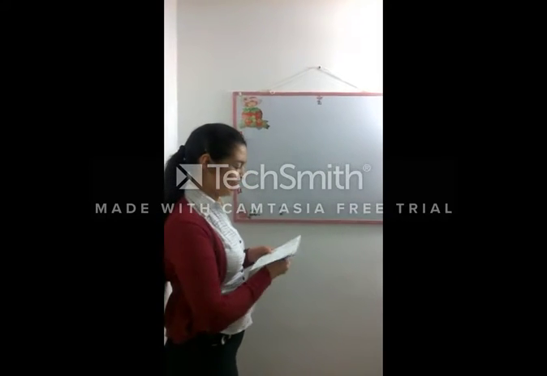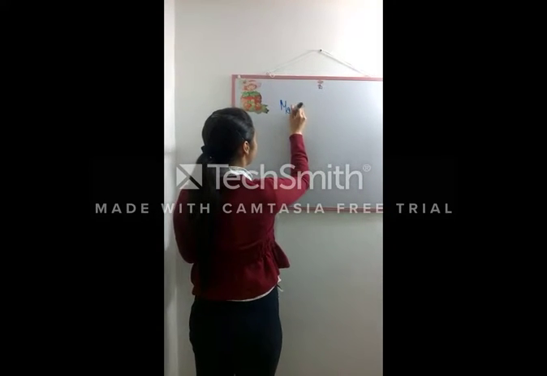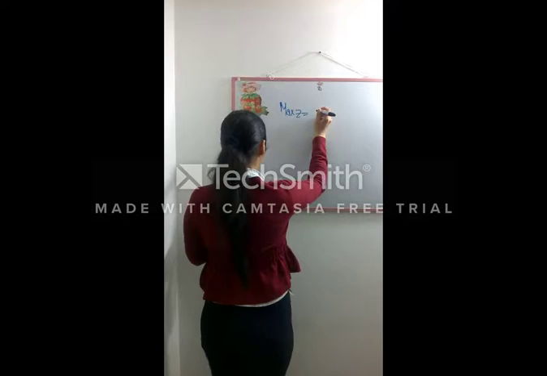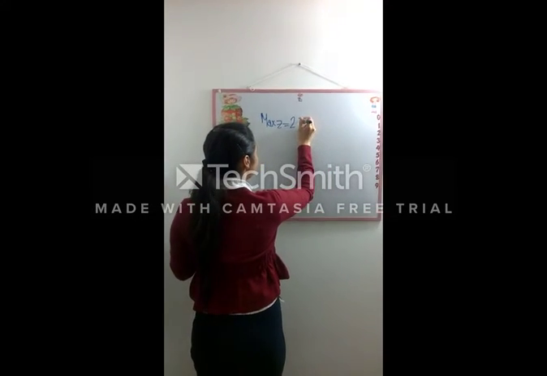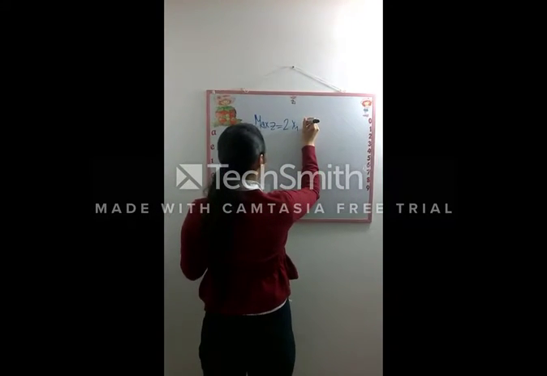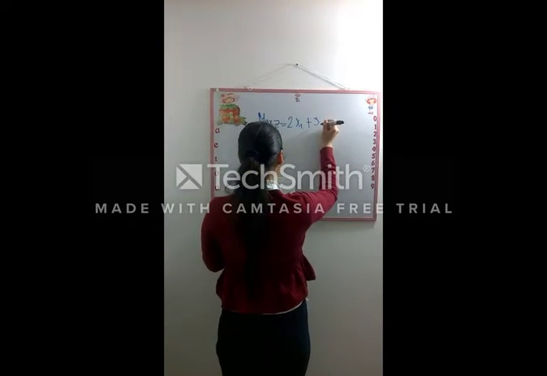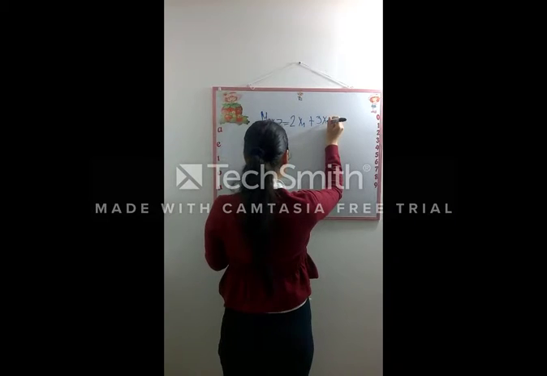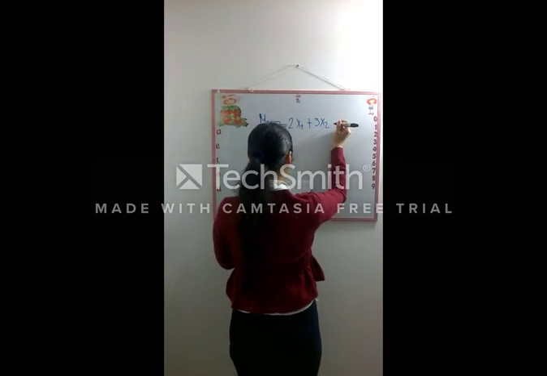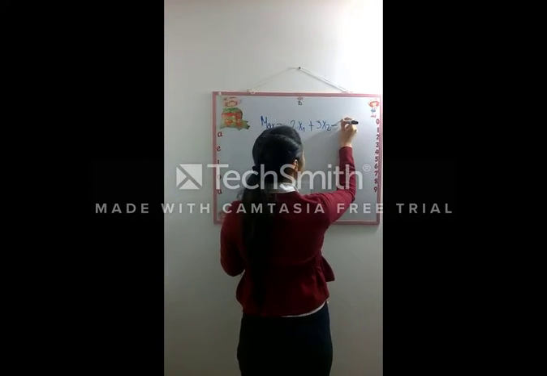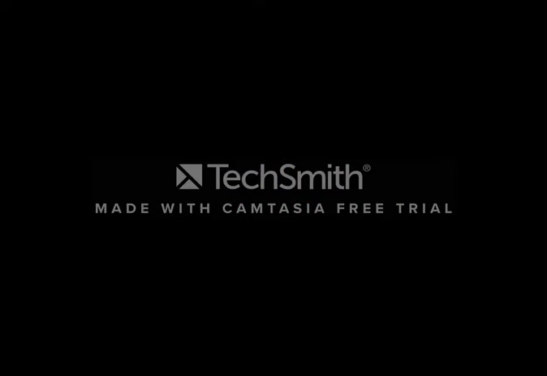This is the exercise. Maximize z equals 2x1 plus 3x2 minus 5x3.